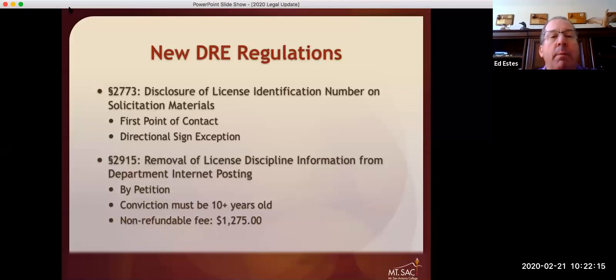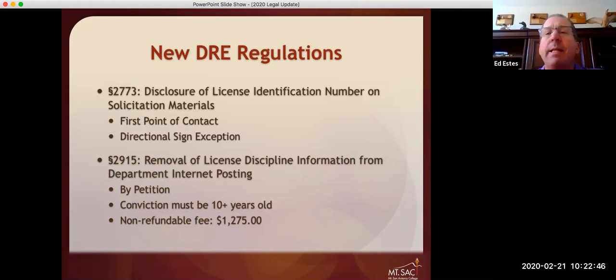And we now have a couple of new DRE regulations. I think most of you are familiar with the first one, where the disclosure of the license identification number has to be on solicitation materials. The Department of Real Estate has clarified this a little bit. It needs to be on all points of first contact, or all points of contact for that matter, not just first contact, but all points of contact. So that would be signs, emails, letters, flyers, business cards, website.